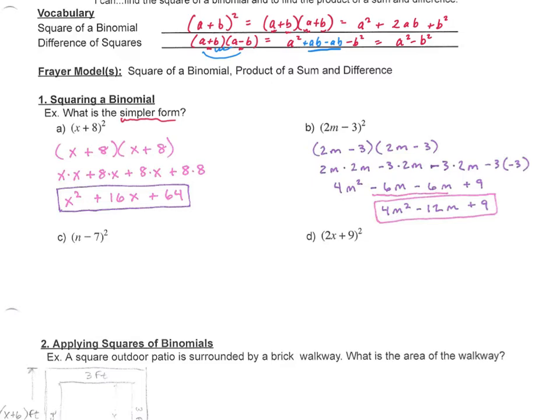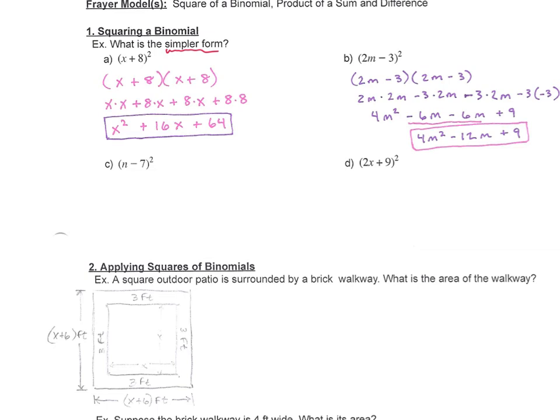We can go ahead and do the multiplication on these next examples. We have n minus 7 times n minus 7. We're going to have an n squared, because we do our firsts, n times n.